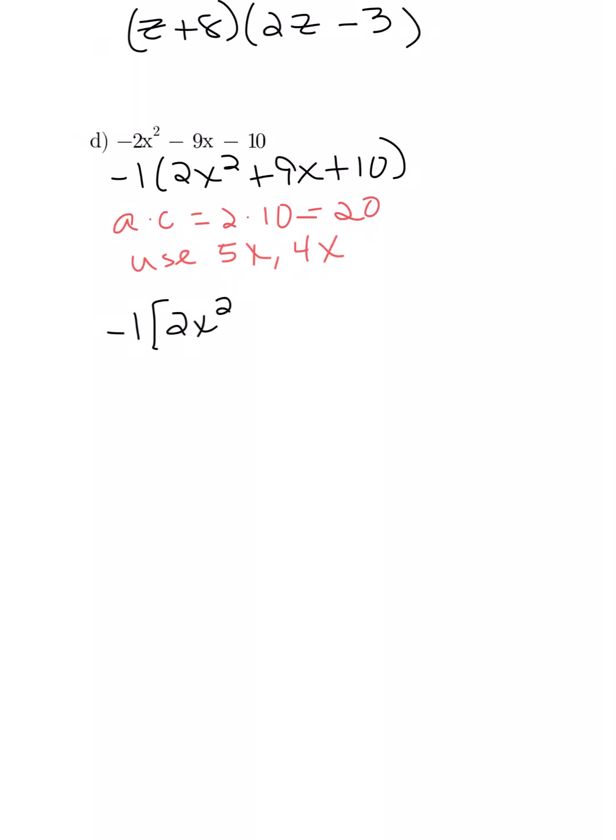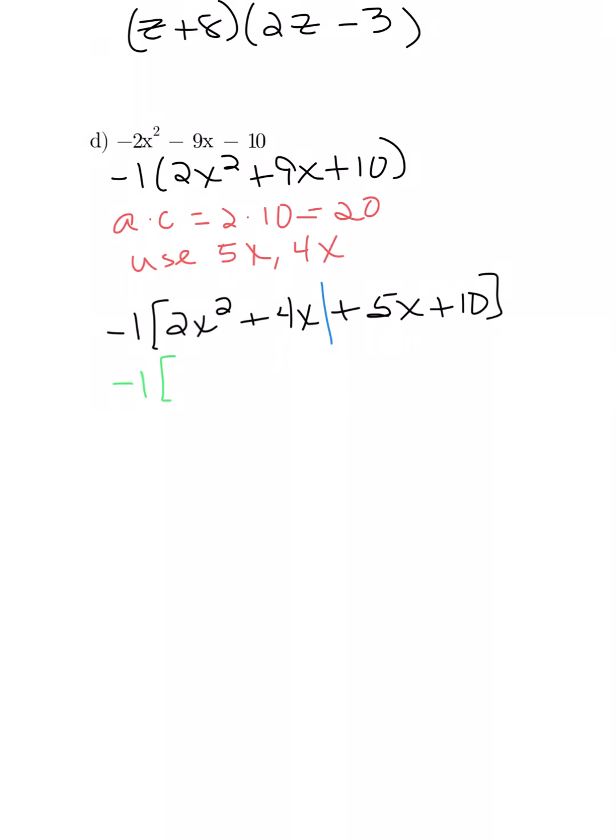Looking at the two terms, we said we were going to use 5x and 4x. 4x has something in common with the 2x squared, so we're going to put 4x next. Then we're going to continue on with the 5x, and then the last term inside is plus 10. We're going to split those 4 terms inside in half. We still have to keep that negative 1 on the very front.